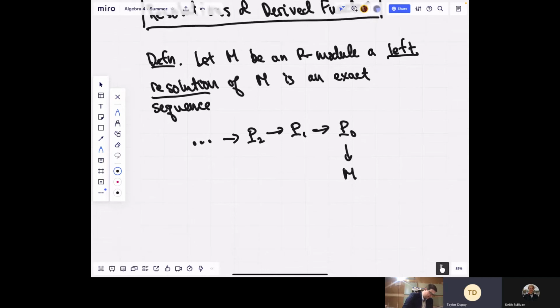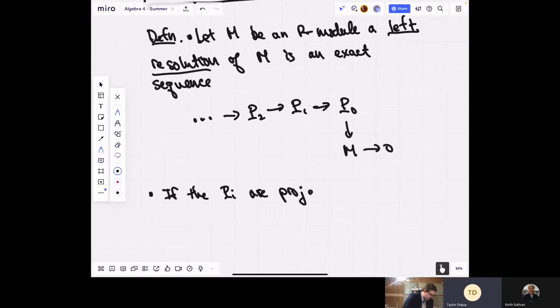And if the Pi are projective, so I guess I can put a 0 here. So it has to be exact. If the Pi are projective, then it is called a projective resolution.